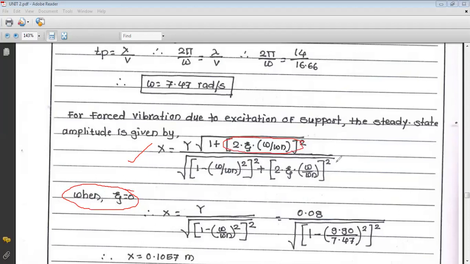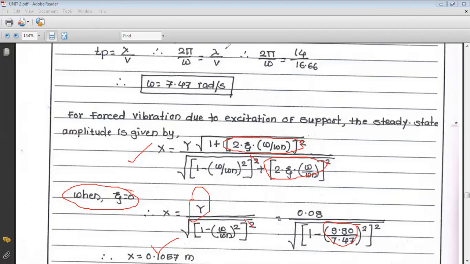So y is the same. Now again this value vanishes, so the remaining term is this. After putting the value of y and omega upon omega n, we get the value of x equal to 0.1057 meter. So in mm, that is 105.7 mm.